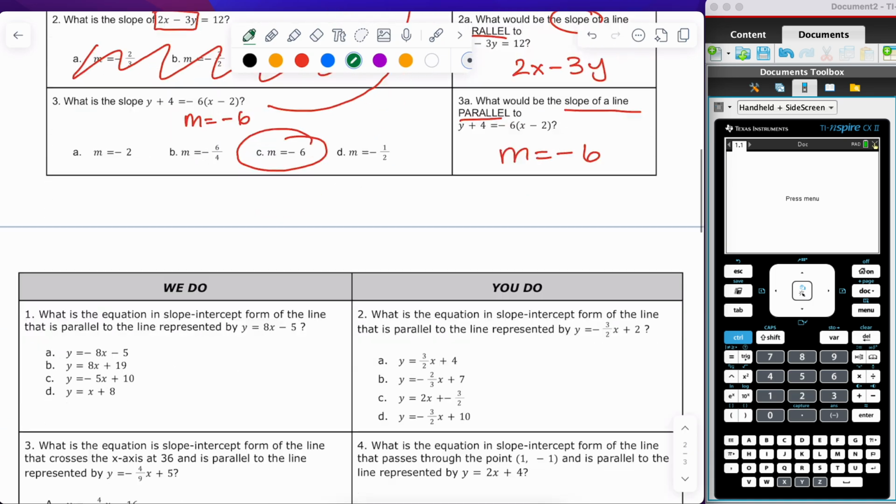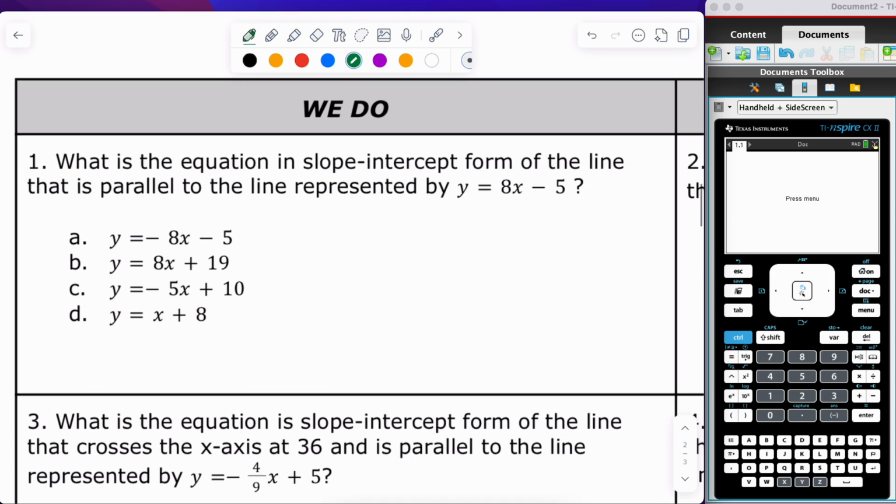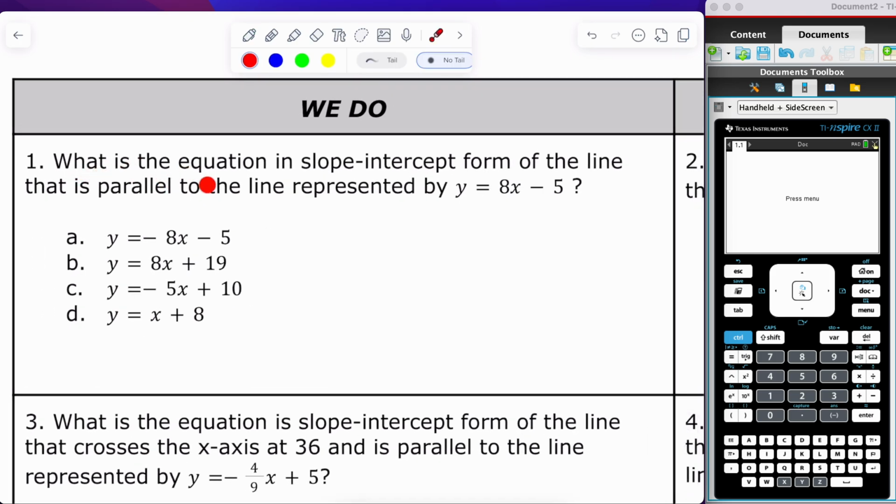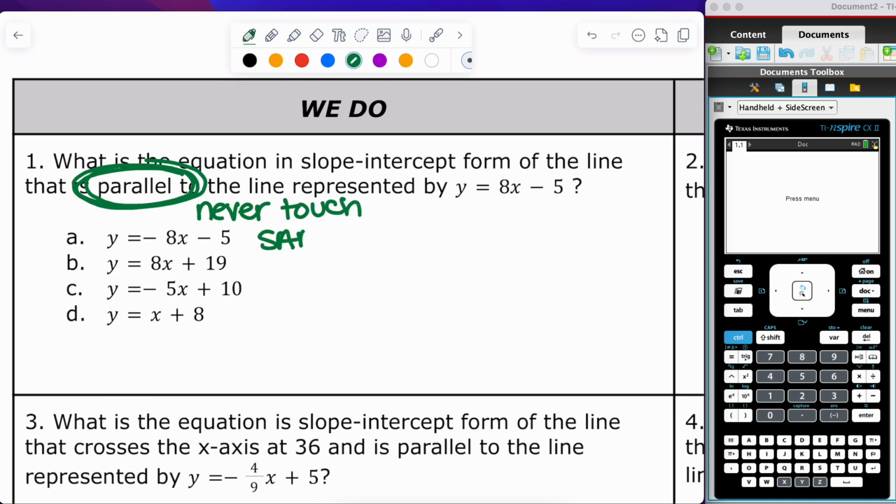Okay, so let's try this first question. It says, what is the equation in slope-intercept form of the line that is parallel to the line represented by y equals 8x minus 5? My most important word is parallel. Every time you see the word parallel, you should think never touch and same slope.